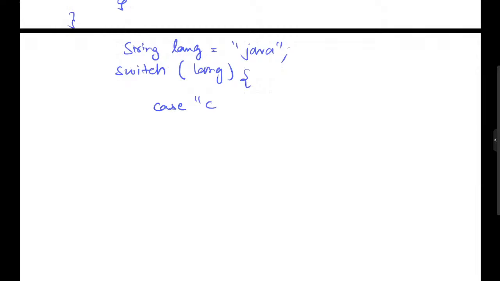So for example, if I do switch, I will write some lang, and I am saying string lang equal to Java, right? Then I can write case C++, and I can say S out, lang is C++, right?